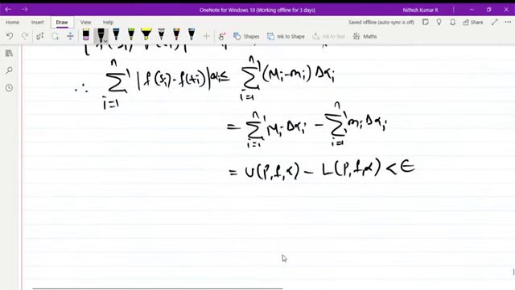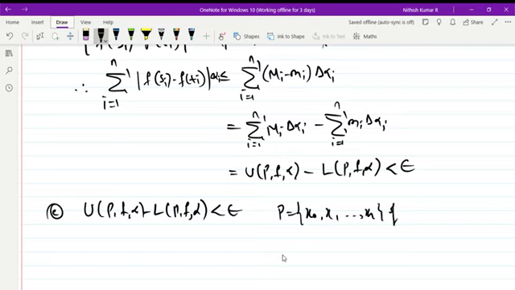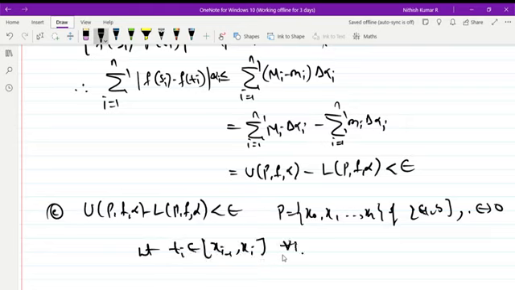So again, assume that U(P, f, α) minus L(P, f, α) is less than epsilon for partition P equal to {x0, x1, ..., xn} of the closed interval [a, b], with epsilon greater than 0. Let ti belong to [xi minus 1, xi] for all i, as you already saw in part (b).